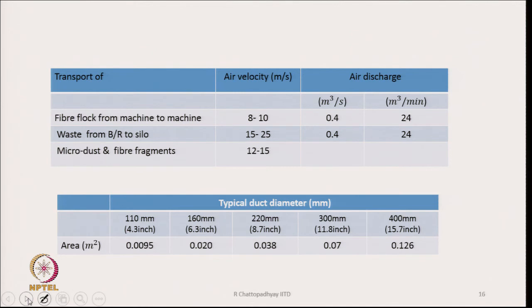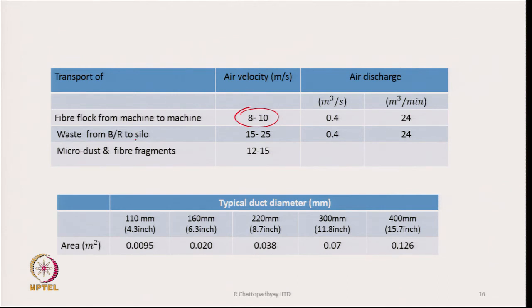Typically, some data is given here. For transport of fiber flocks from machine to machine, the typical air velocity is 8 to 10 meters per second that we will keep. It could sometimes be more also. Air discharge is 0.4 meter cube per second or 24 meter cube per minute.